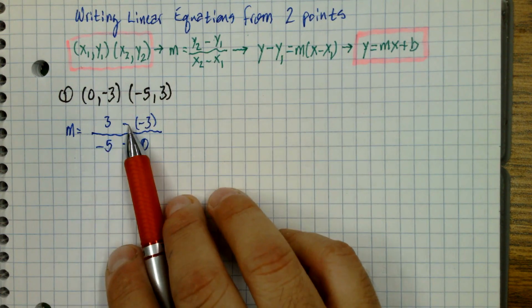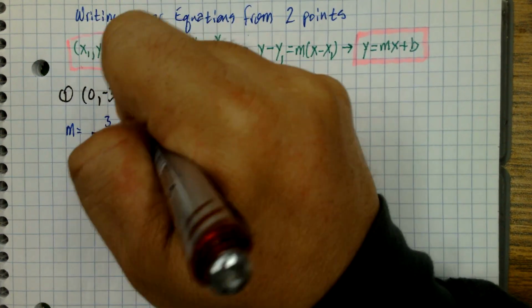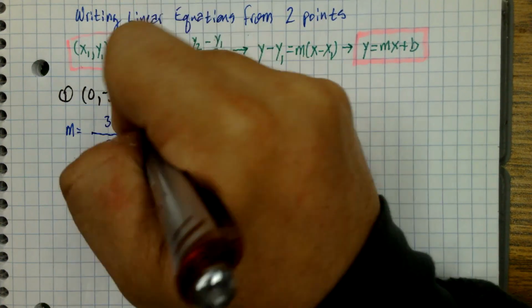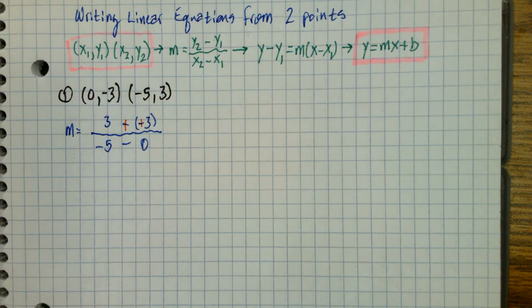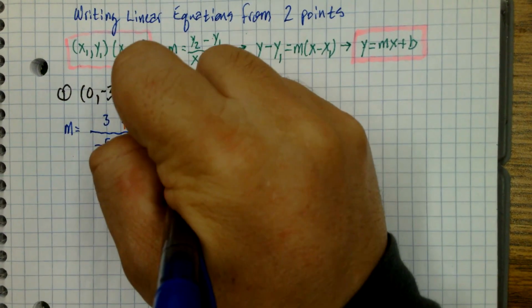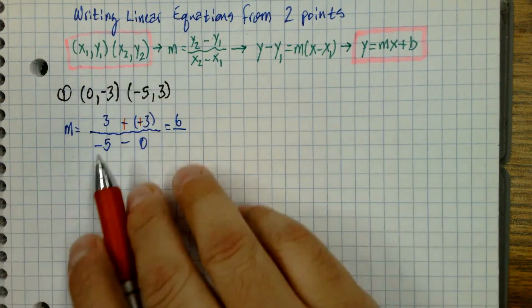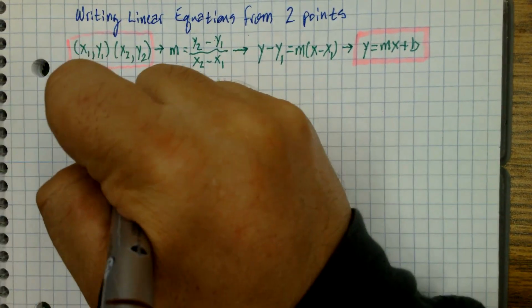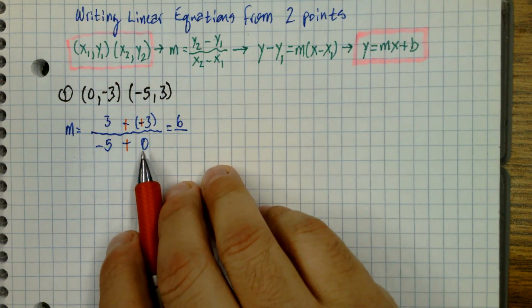I'm going to keep the 3, change this to plus, and the opposite of -3 is 3. So basically, I have 3 plus 3. And since I have a negative here, I'm going to do the same thing. Keep, change this to addition, and the opposite of 0 is 0, so I don't have to do anything there.